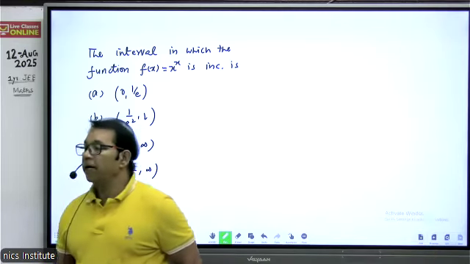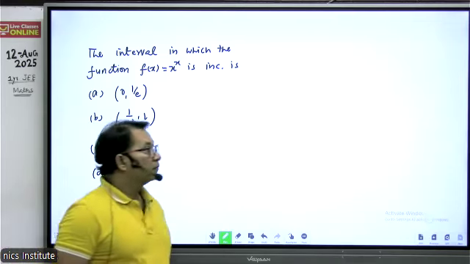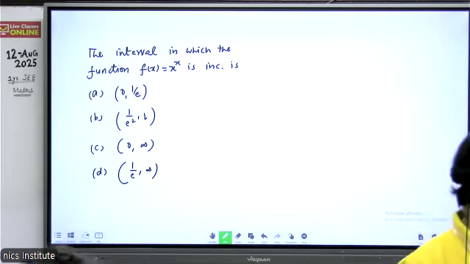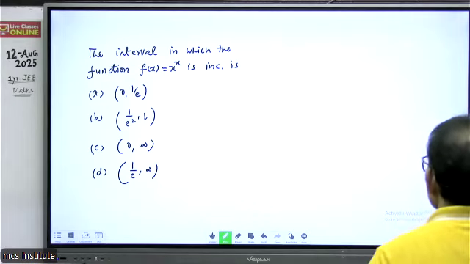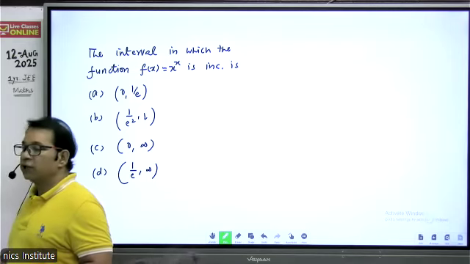It's a function to the power function. You'll be taking log of both the sides. This is function to the power function, so you have to take log and then differentiate.